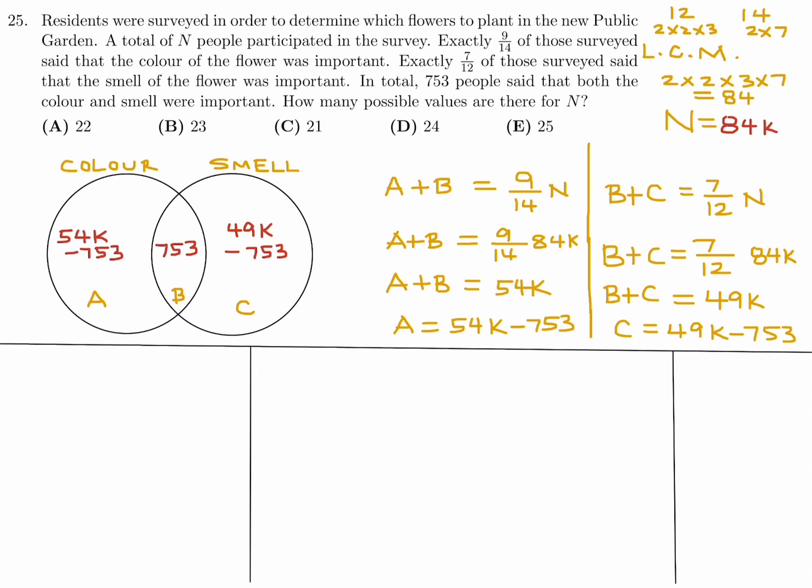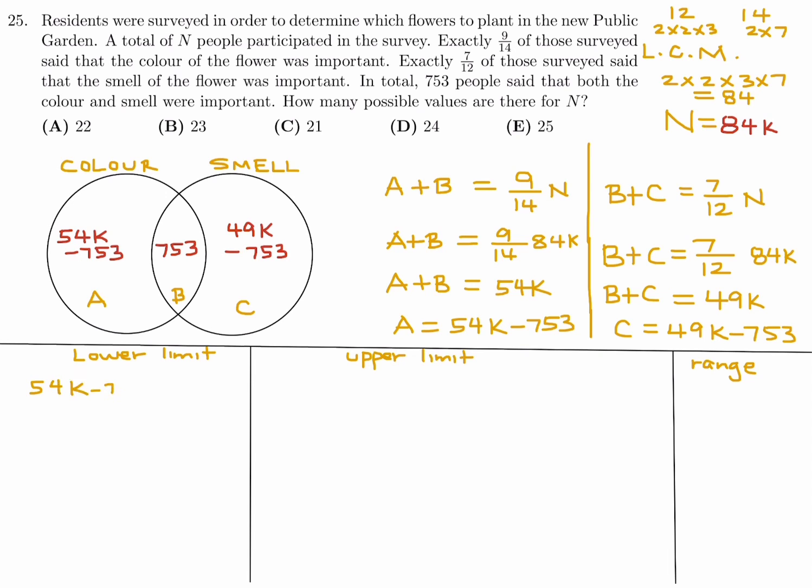What is k going to be greater than? That's going to give me the lower limit. Well, we know that A is equal to 54k minus 753 and C is equal to 49k minus 753. Both of them represent numbers of people, so both of them have to be positive. So that's what gives us our lower limit.